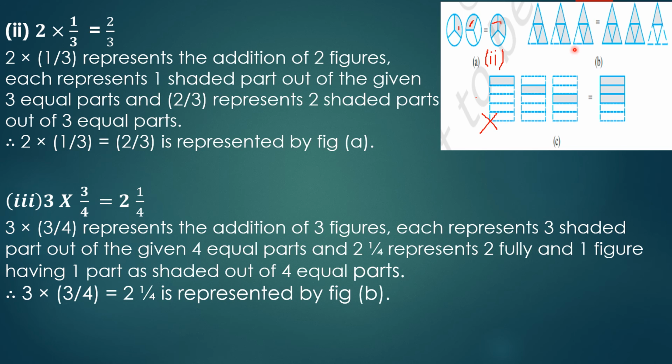So LHS matches. And RHS is 2 into 1 by 4. So what is 2 into 1 by 4? 2 fully shaded figures and 1 figure having 1 part shaded. Okay, addition of 2, that is 2 into 1 by 4 means 2 figures have all 4 parts shaded, and the remaining 1 by 4 means 1 figure having 1 part shaded out of 4 equal parts.